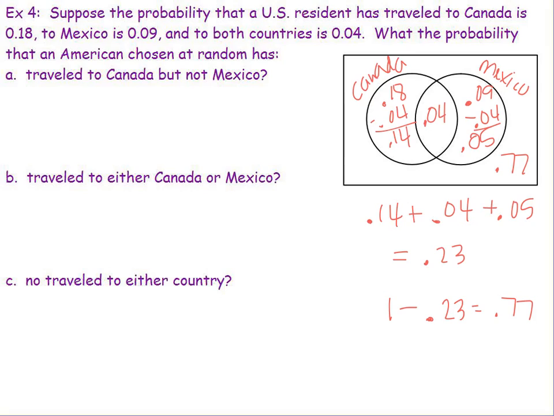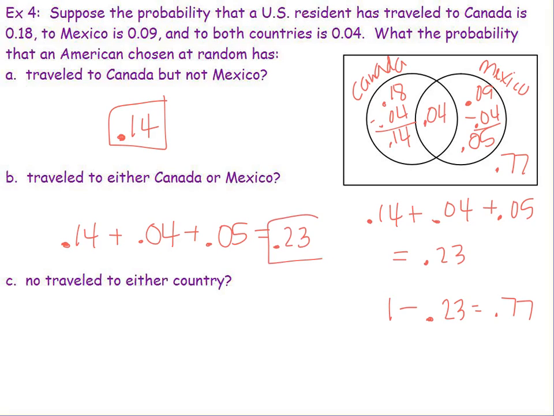So let's answer the questions. The first question asked you what percent traveled to Canada, but not Mexico. So we want Canada only. So that was 0.14. Then, traveled to either Canada or Mexico. So that is Canada, both, or Mexico, which is the 0.23 that we found earlier.